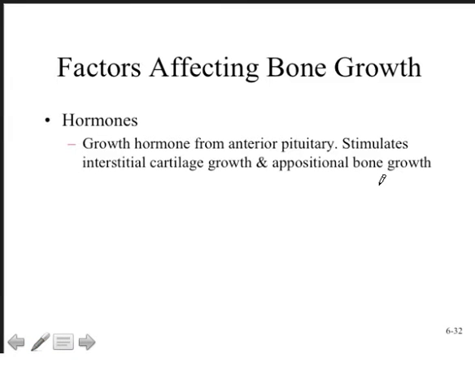So let's just pen that in here so that we know what we're talking about. Okay, and that would be growth hormone increase prior to puberty, prior to the end of puberty.